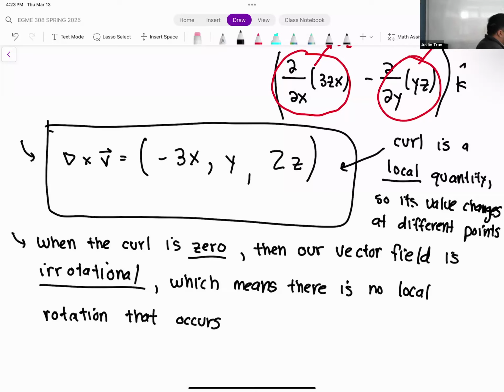The way I like to visualize this is that if your curl is 0 at a particular location, and you were to put a stick there, then that stick will not change orientation.